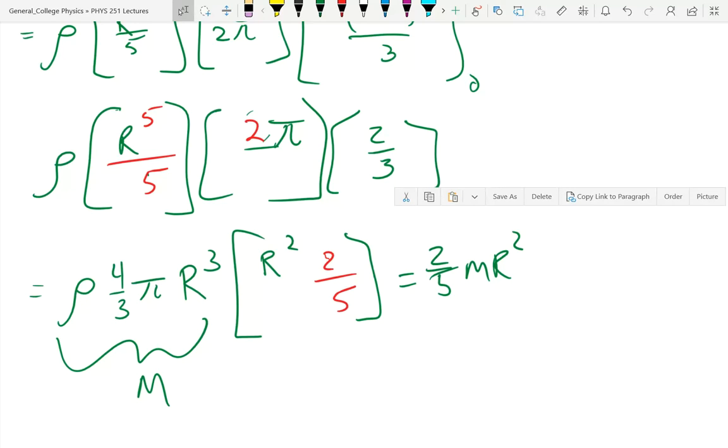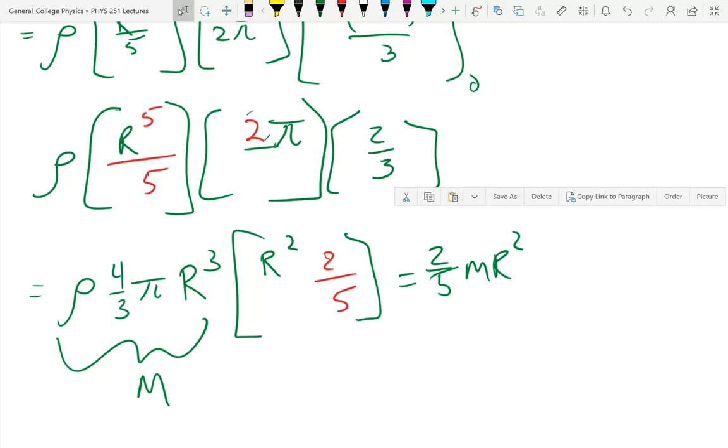What's fundamentally changed by doing a hollow sphere instead of a solid sphere? Okay, let's think about the steps of the process. First step, what was the first step we did for finding moment of inertia?